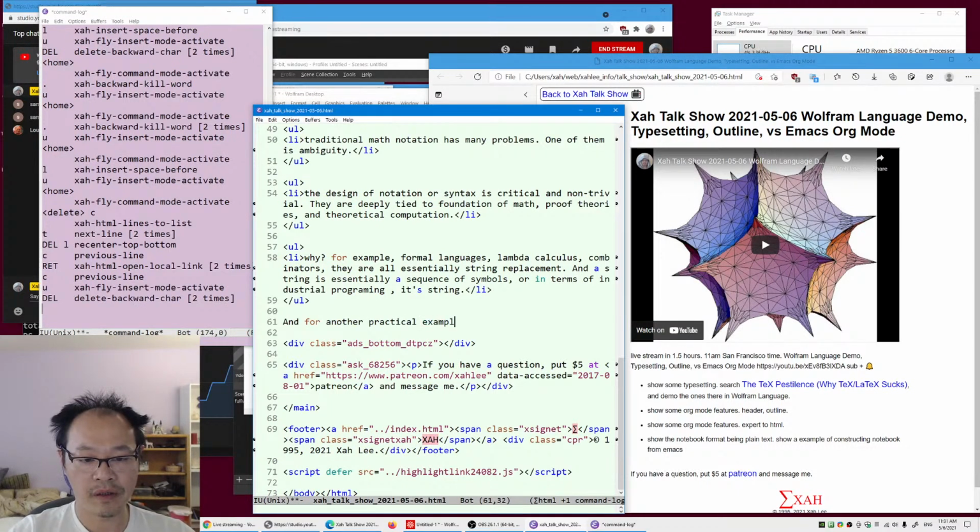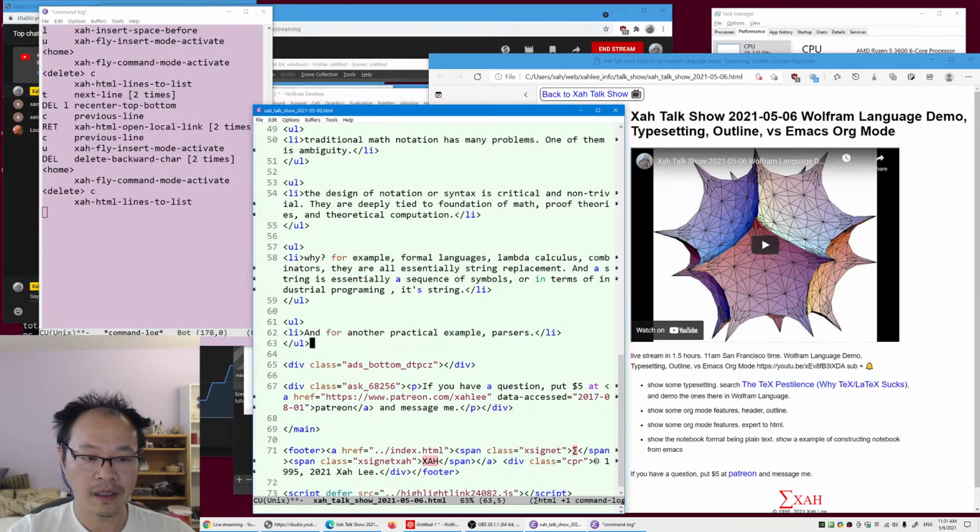For another practical example, parsers. What does a parser do? A programming language parser looks at your source code, which is the input, then it reads every character, and it has to transform them into basically another string.